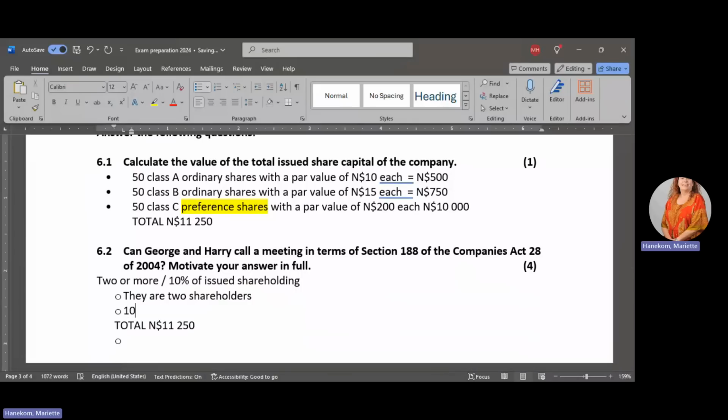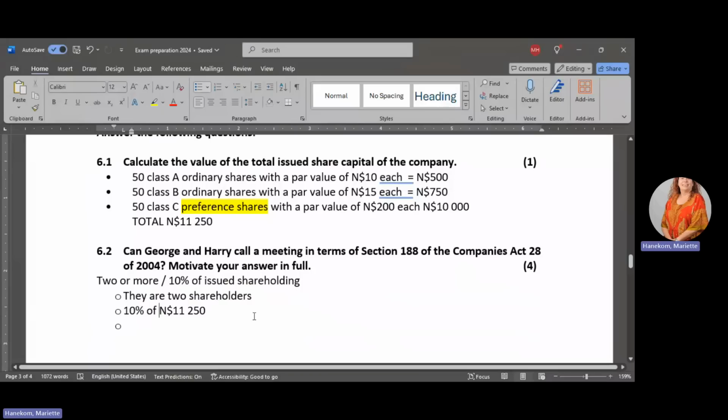So you need to calculate what they need. So it's 10% of 11,250. What is that? $1,125.